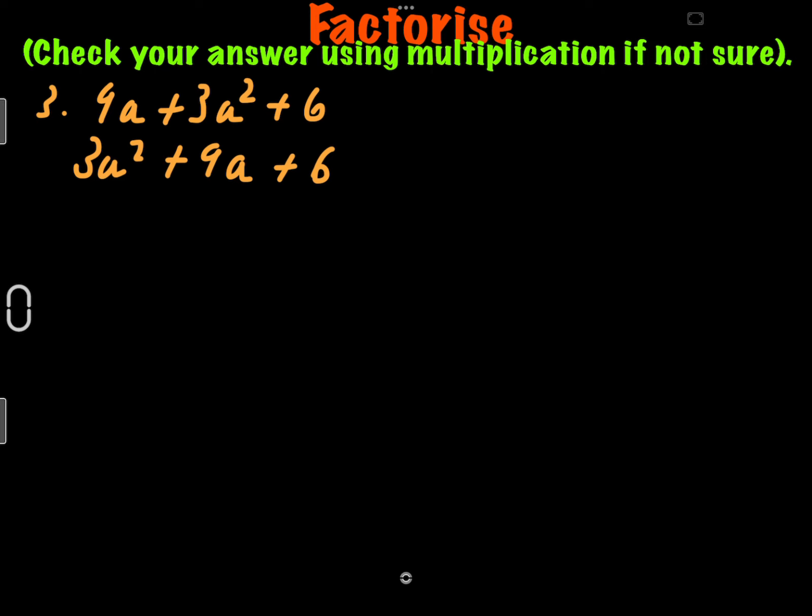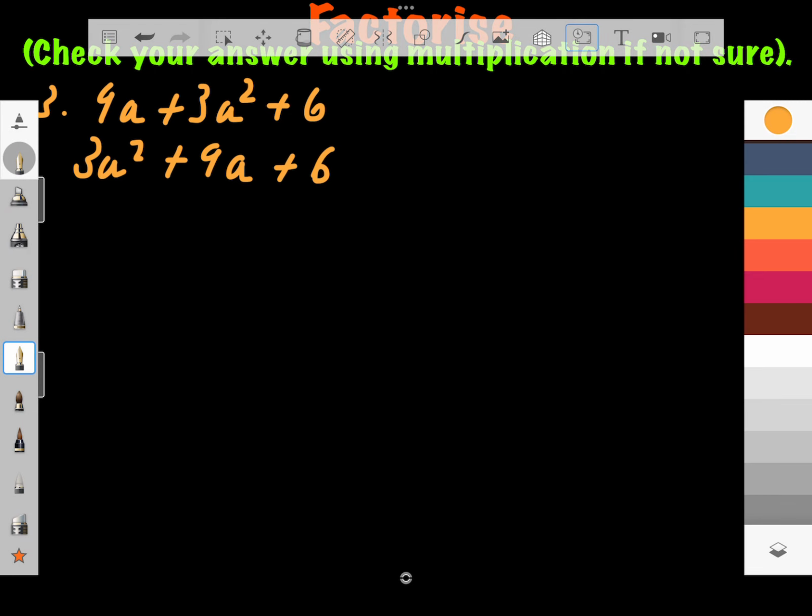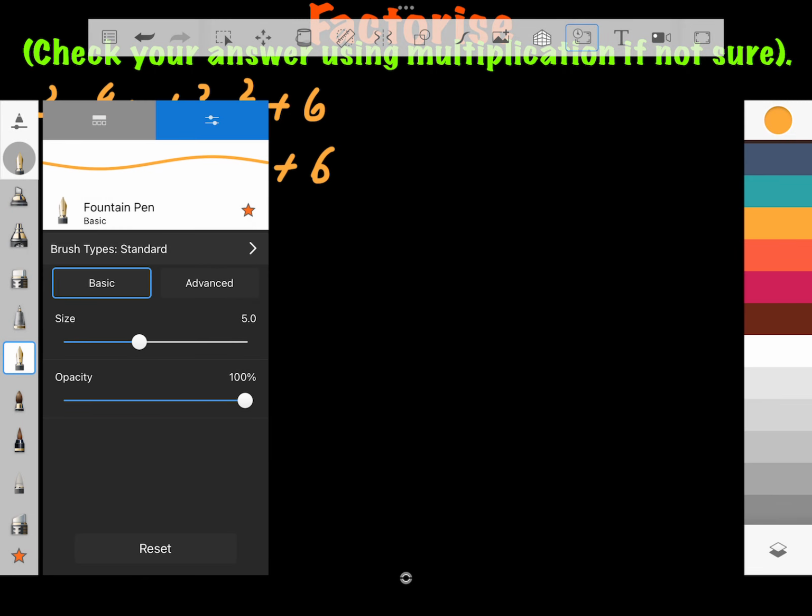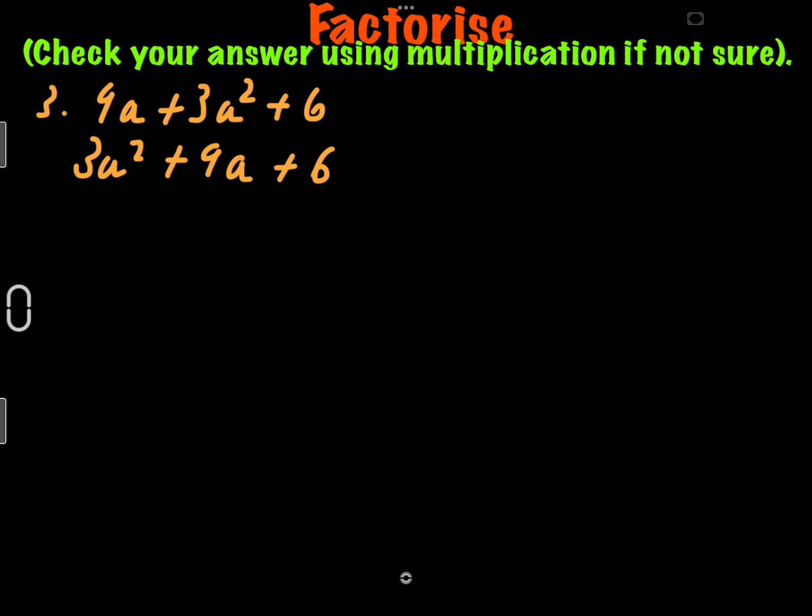Now that we have written this in descending order, our next application is to look at it with analysis. We can clearly see that there is a common factor right across. We can divide this by 3. If we divide by 3 here, and by 3 here, and by 3 here, we have 3 as a common factor.